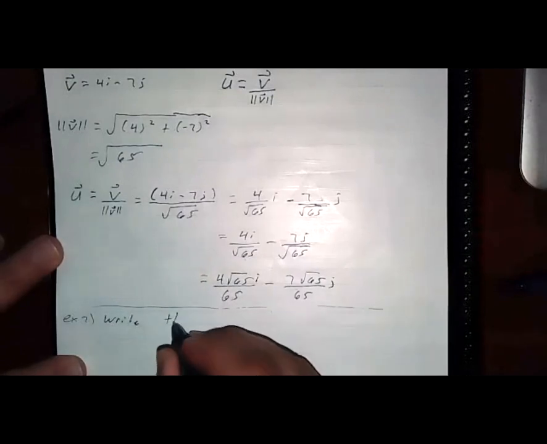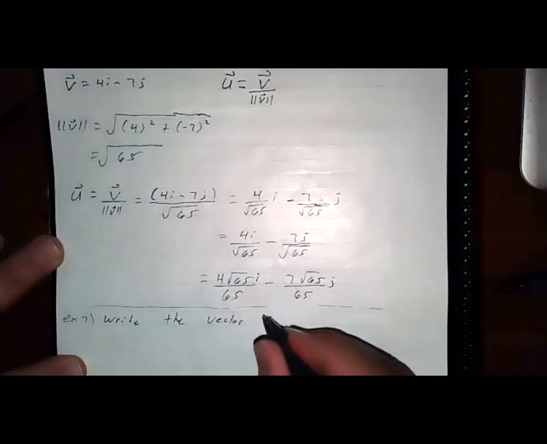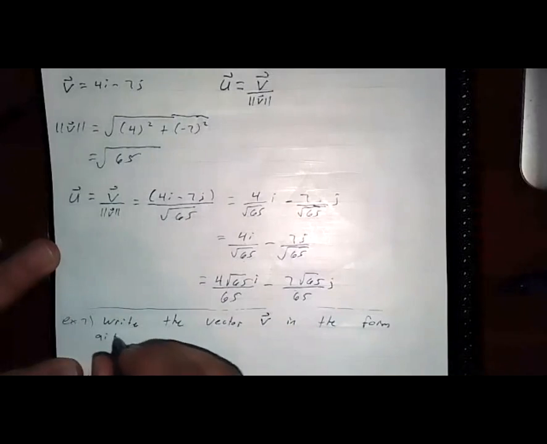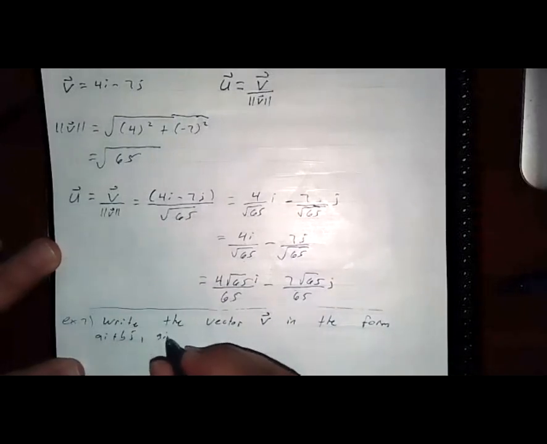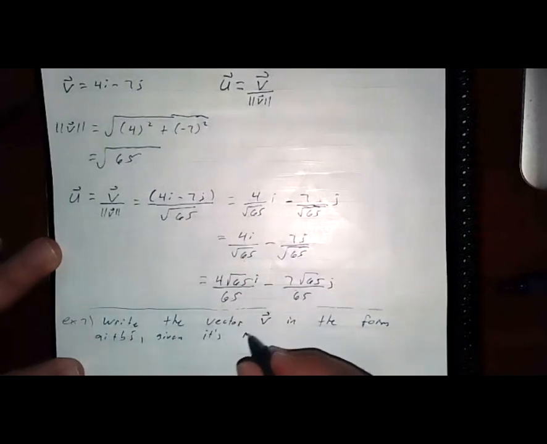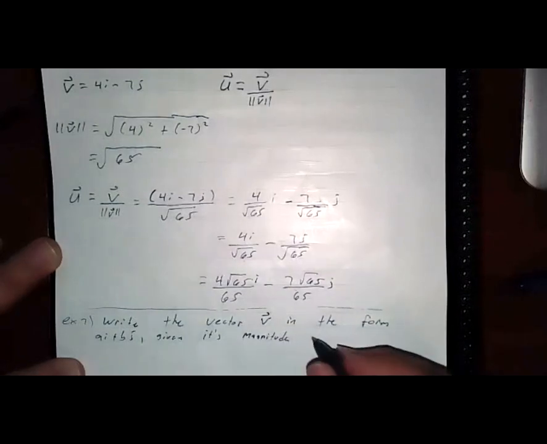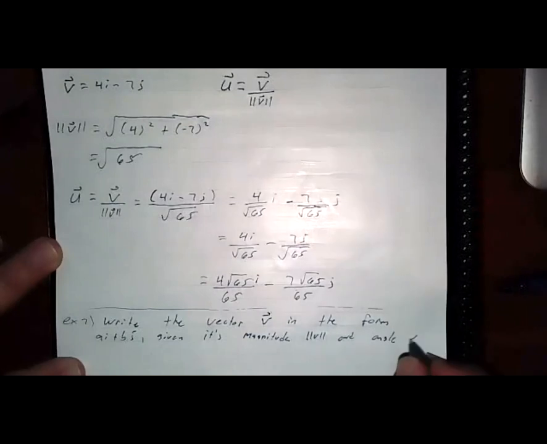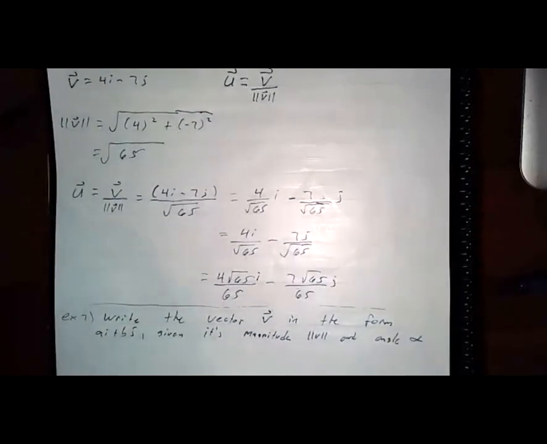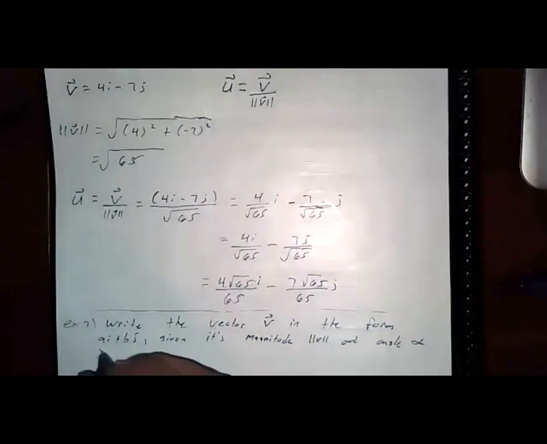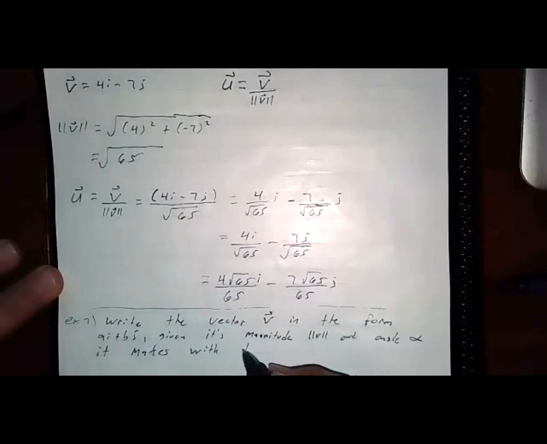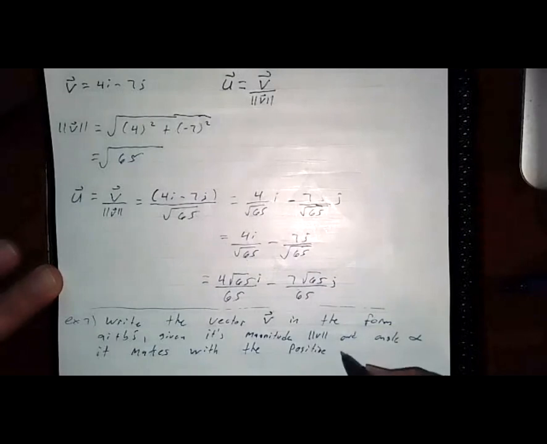So example 7. Write the vector v in the form ai plus bj given its magnitude and angle alpha that it makes with the positive x-axis.